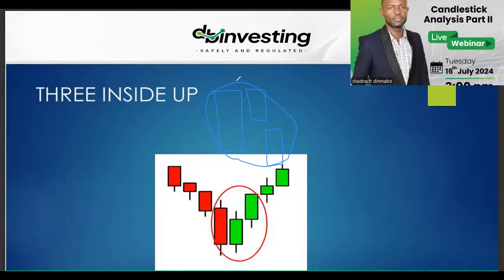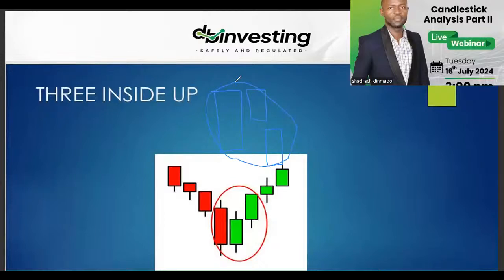So that is how these candlestick patterns are. Ladies and gentlemen, from this you can see that it is quite easy. As I earlier said, this will just help you as a confirmation to confirm if a particular market is about reversing to the upside or to the downside.